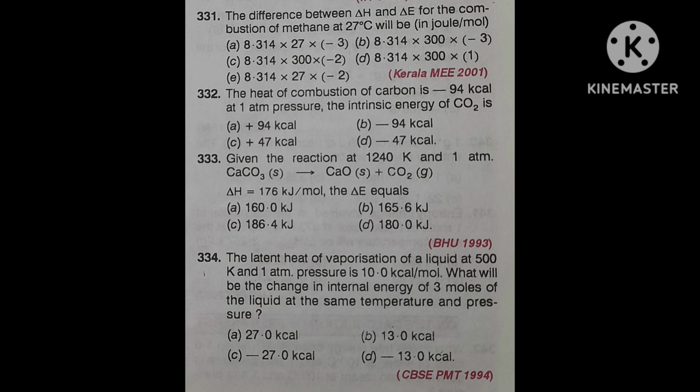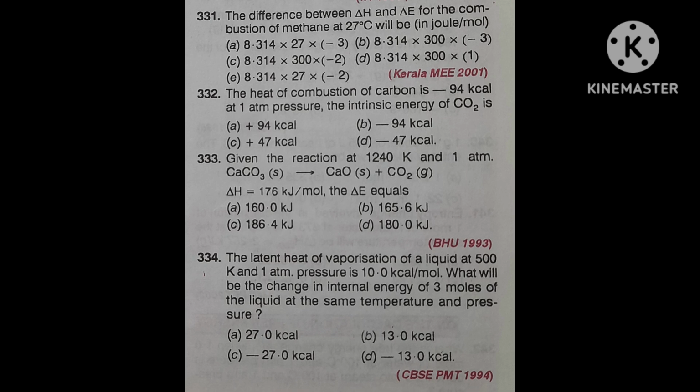Here you have to consider that the delta N value is 1, and the rest of the values you will get from the relation. Actually the given formula is delta H is equal to delta E plus delta NG RT, but you have to calculate delta E. Hence the formula changes: delta E will become delta H minus NGRT.